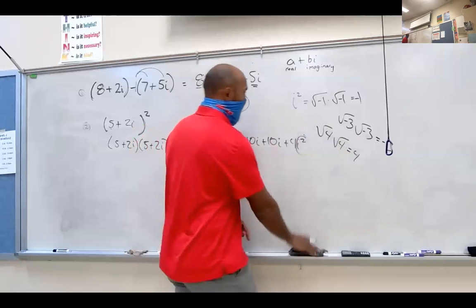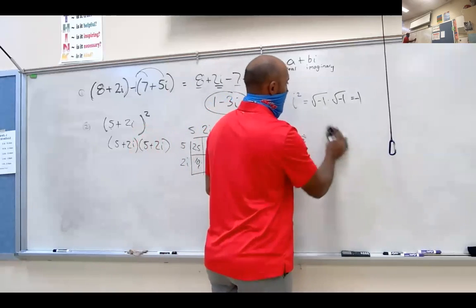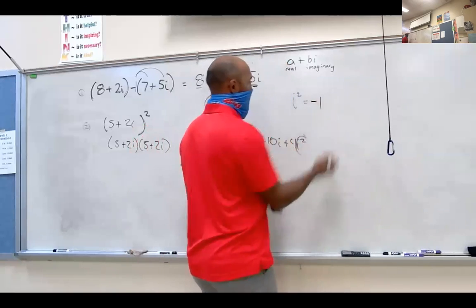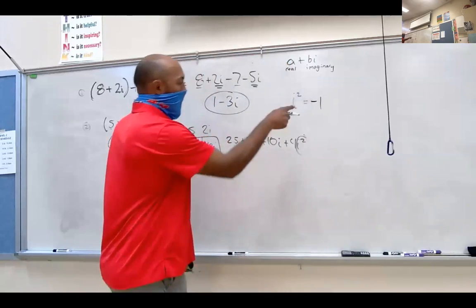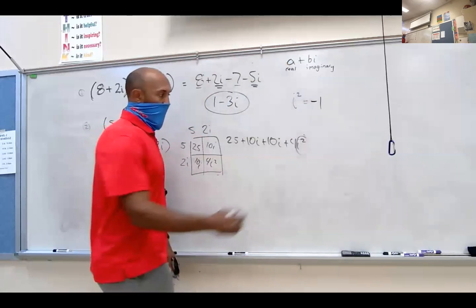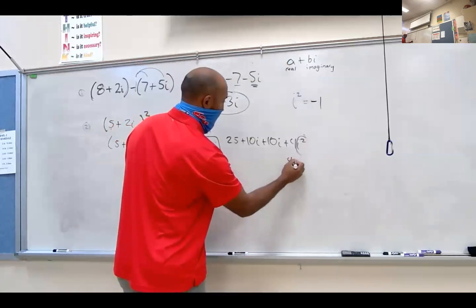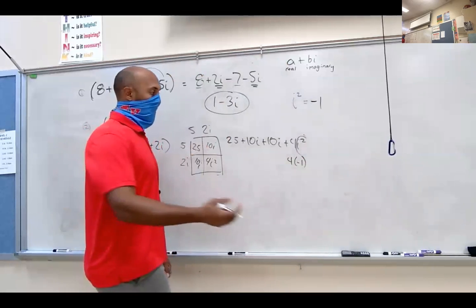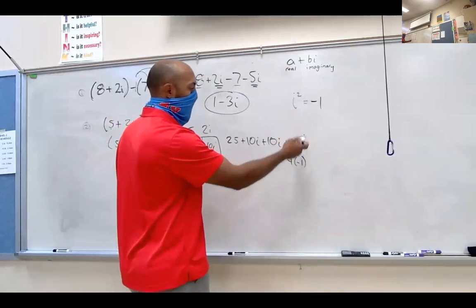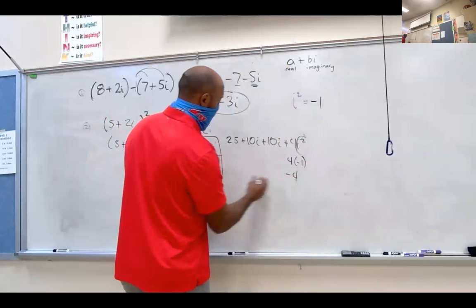Okay, so more of the story is that i squared equals negative 1 instead of positive 1. Okay, so now when I simplify that, this is actually 4 times negative 1. Not 4 times positive 1, which obviously now changes that to a negative number.